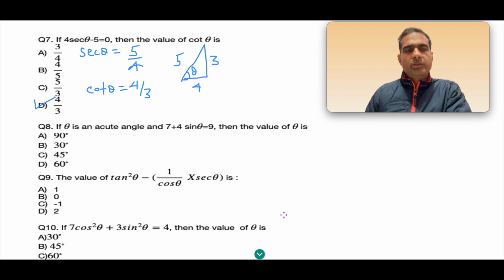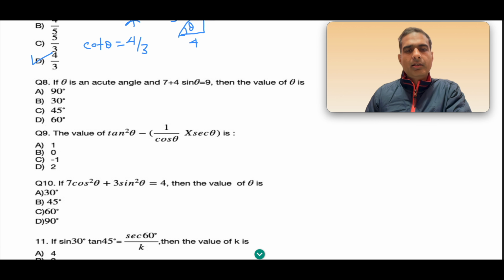Now moving to question number 8. If theta is an acute angle and 7 plus 4 sine theta is equal to 9, then the value of theta is? So an equation is given, and using that equation, we have to find out the value of a trigonometric quantity, that is sine theta. So first of all, we will keep the trigonometric quantity on one side and shift everything else to the right hand side.